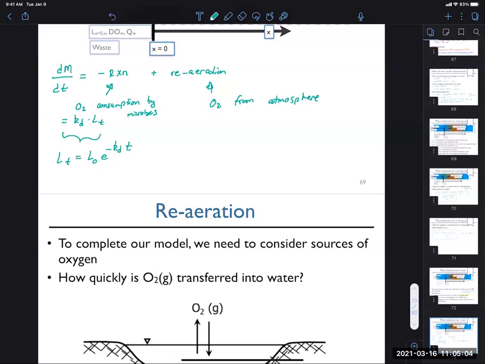Let's also remember that this t is related to the river velocity, by position divided by the velocity. So we can do a variable substitution here.